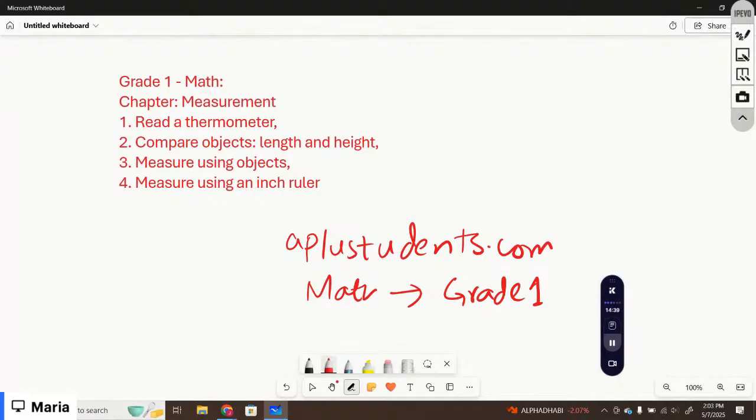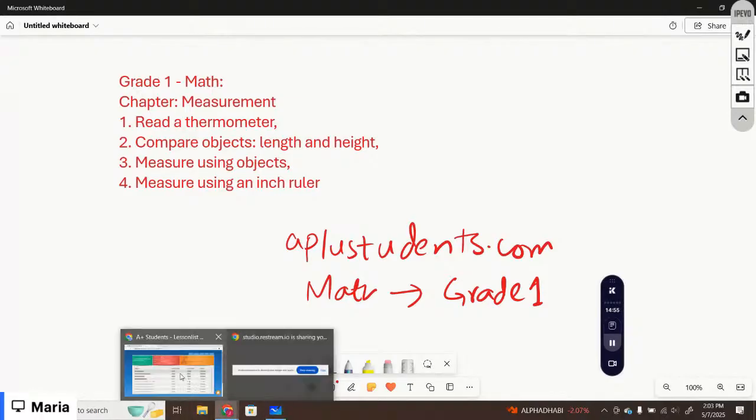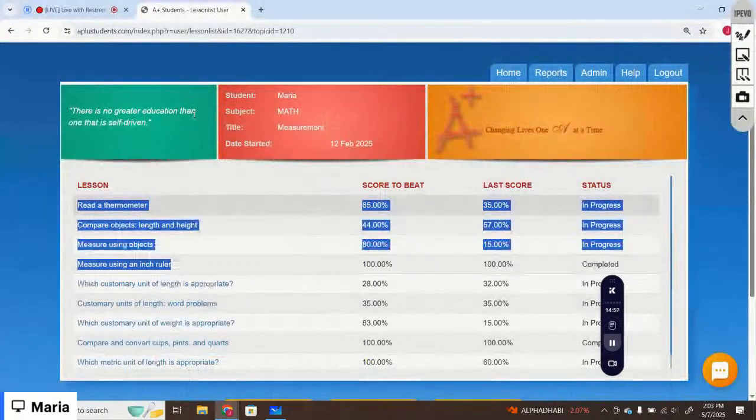So please make sure you have your notebook and pencil so that you can note down the important examples and definitions as well. Here are my grade one. Let's just start with the lesson that is read a thermometer.